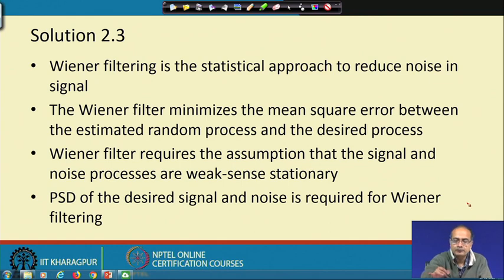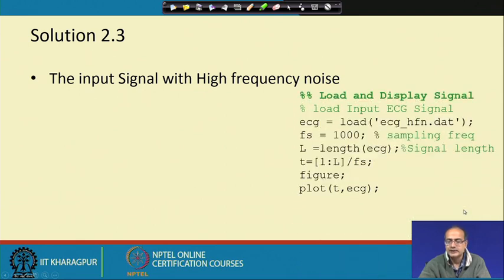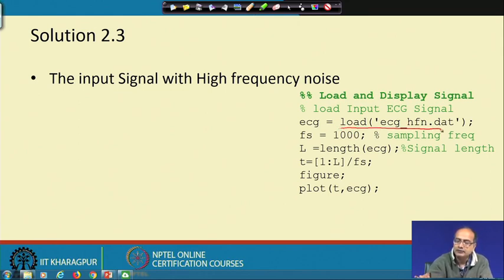We proceed now by first looking at how the signal looks. We heard that this is corrupted with high frequency noise, so we would like to plot the signal. For that, first we load the ECG data into the variable called ECG, and we initialize the variable fs with the sampling frequency 1000.